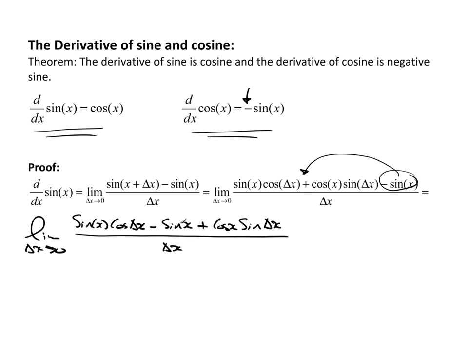So now I'm going to break these up into two different limits. I'm going to break it right there. I better come down here, I'm going to run out of room.